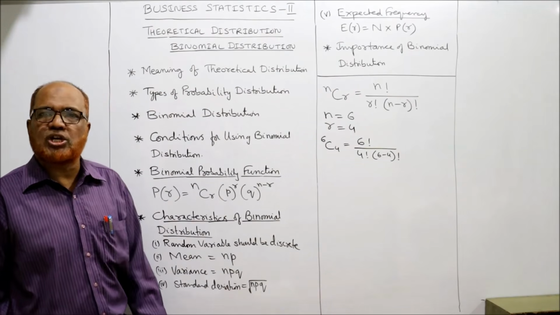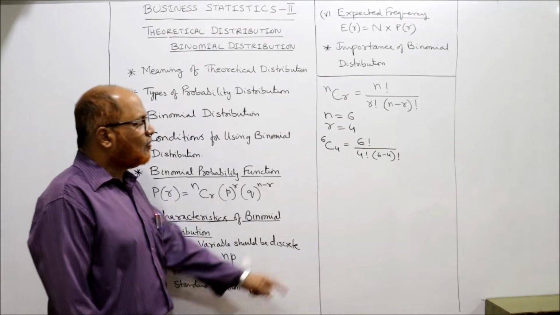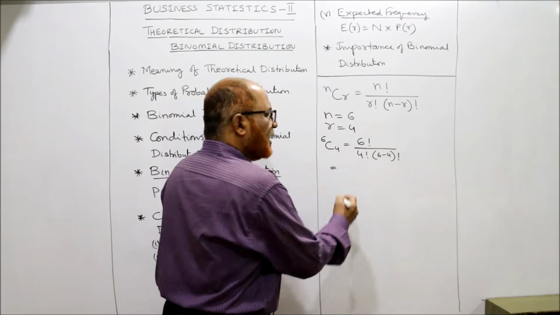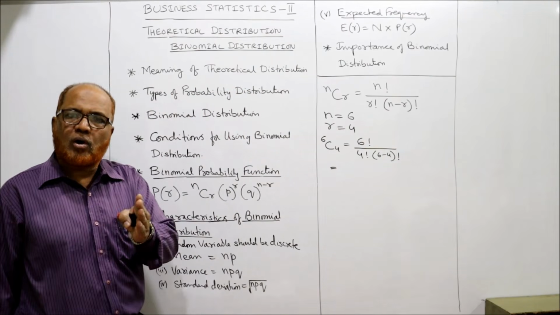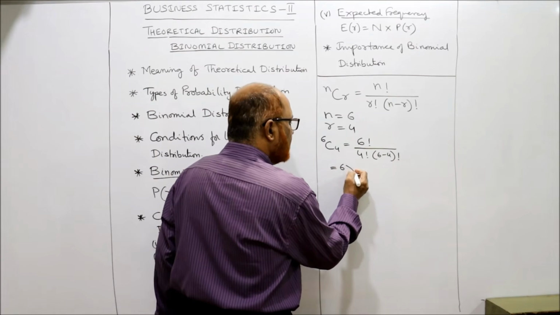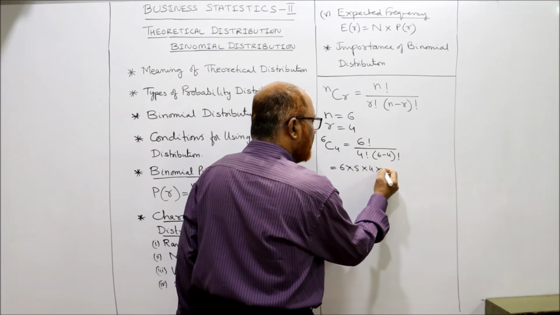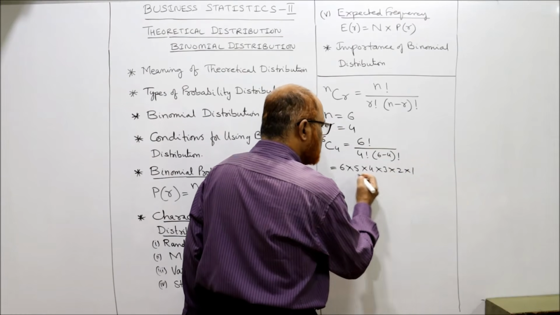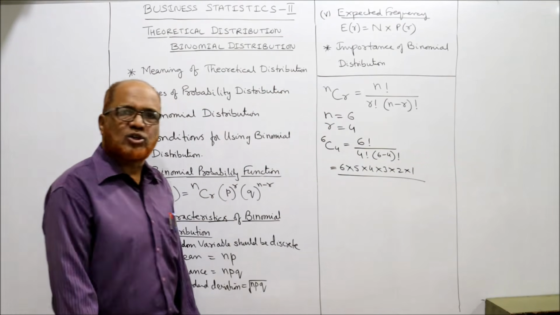This is the expansion of 6C4. What do you mean by 6 factorial? Multiply 6 with all the lower values below 6. So 6 into 5 into 4 into 3 into 2 into 1. This is the meaning of 6 factorial.